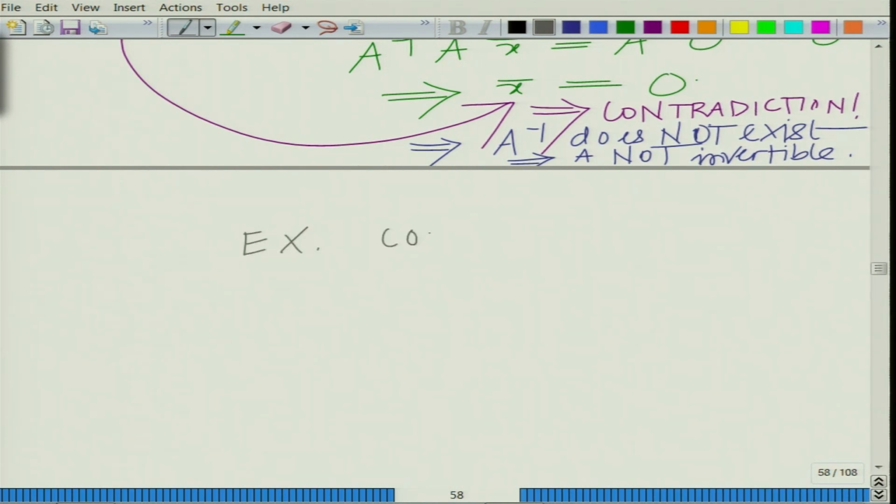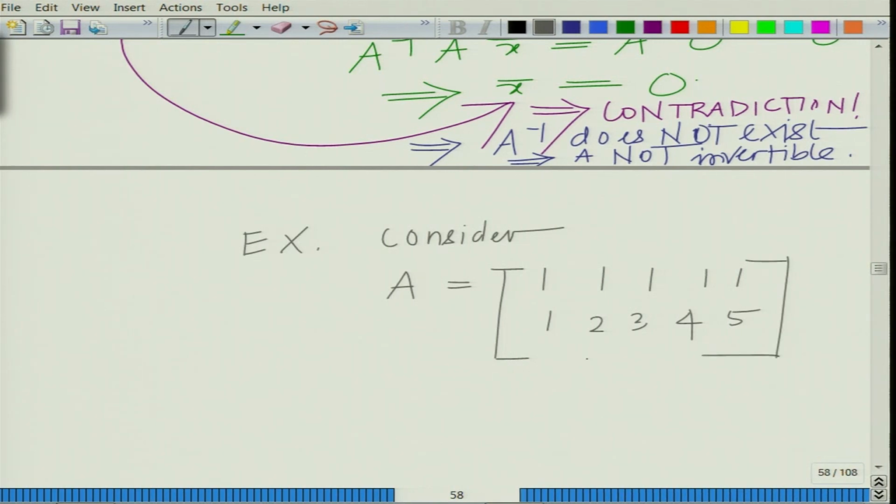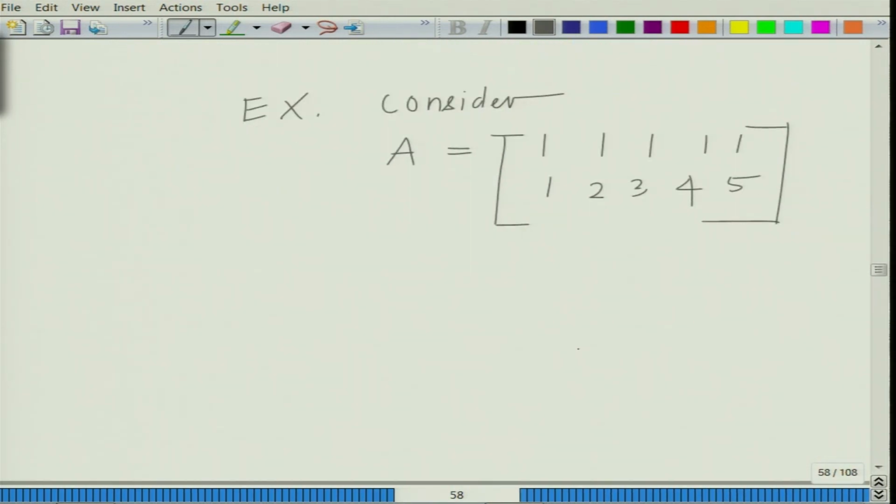Consider A equals the matrix 1 1 1 1 1, 1 2 3 4 5.